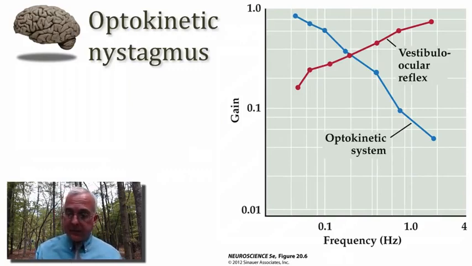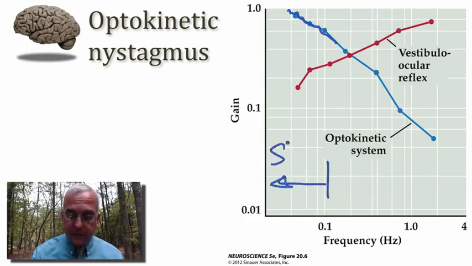So this graph here simply shows us the gain of the optokinetic system and the vestibulo-ocular system across motion frequencies. And what we find is that for the optokinetic system, the gain is quite high when the motion is quite slow.